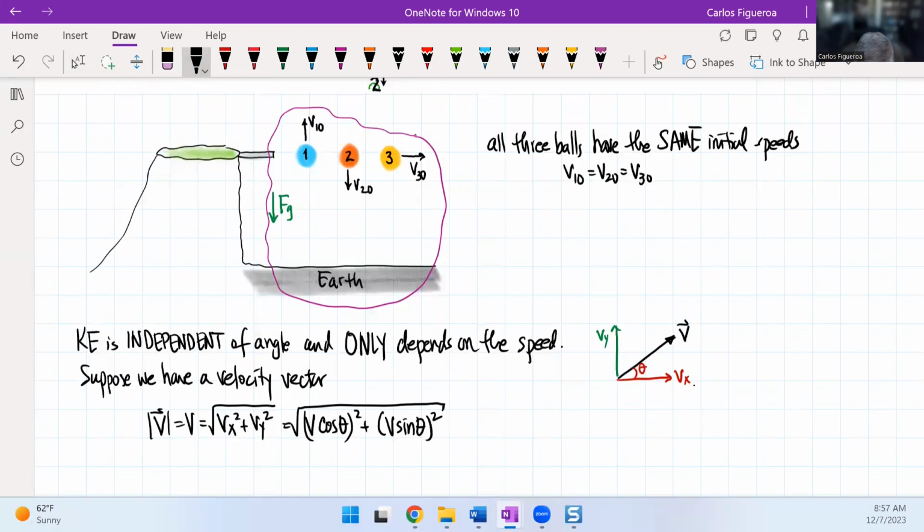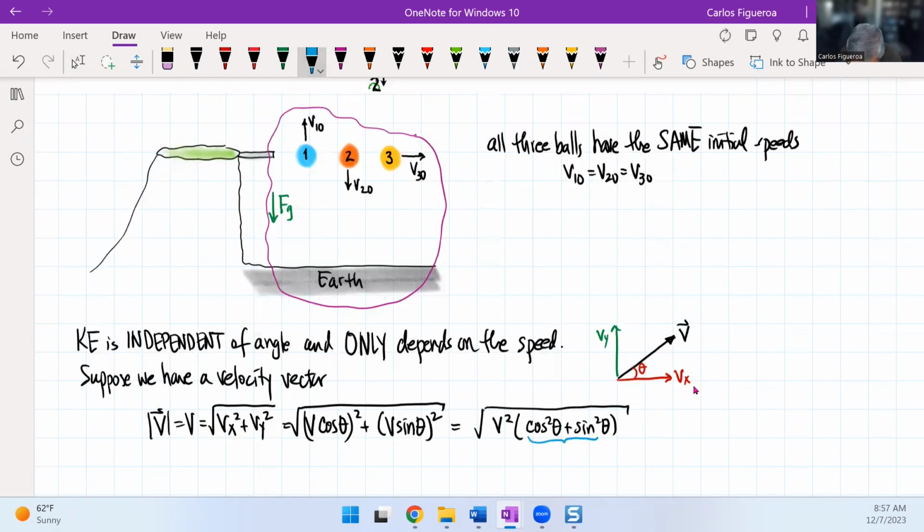So now, look what happens. I can factor out v squared. So I'm going to get v squared times cosine squared of theta plus sine squared of theta, square root. But this is this relationship right here.